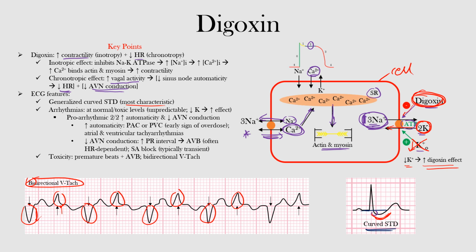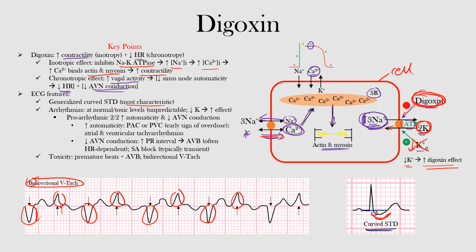In terms of the inotropic effects, remember, it inhibits the sodium-potassium ATPase, which leads to an increase in intracellular sodium, and consequently an increase in intracellular calcium because of the sodium-calcium exchanger. More calcium binds the actin and myosin, the contractile proteins, and that leads to an increase in contractility of the heart.